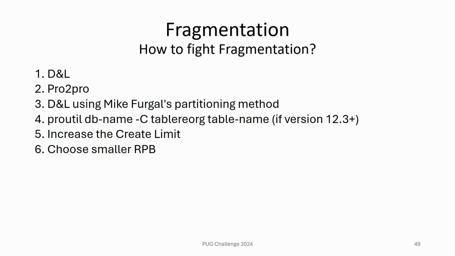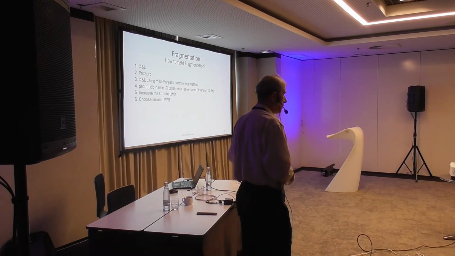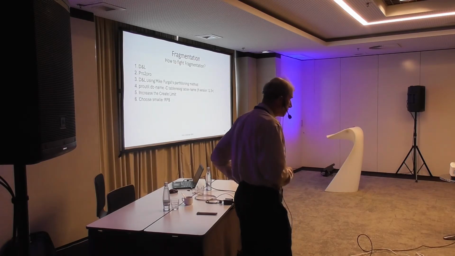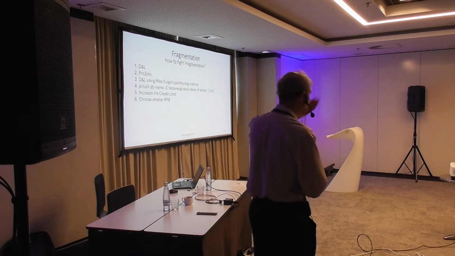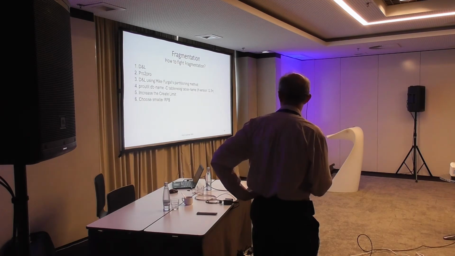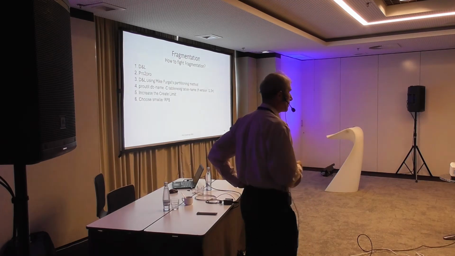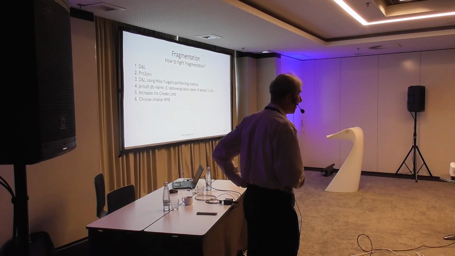How to fight fragmentation? Well, first of all, do a dump and load. Obviously it works. Second option, do pro-to-pro, because that's the same as dump and load, but on steroids. Third, use Mike Furgal's dump and load using the partitioning method. It's really Patrice's method, but thank you.